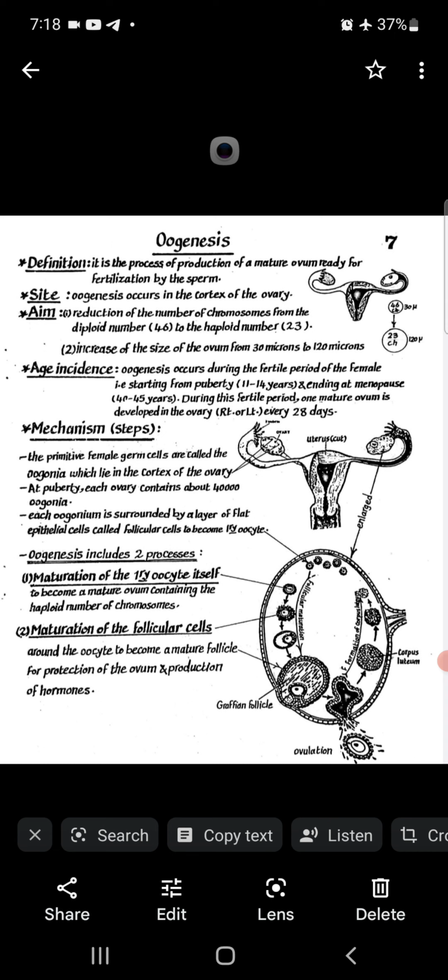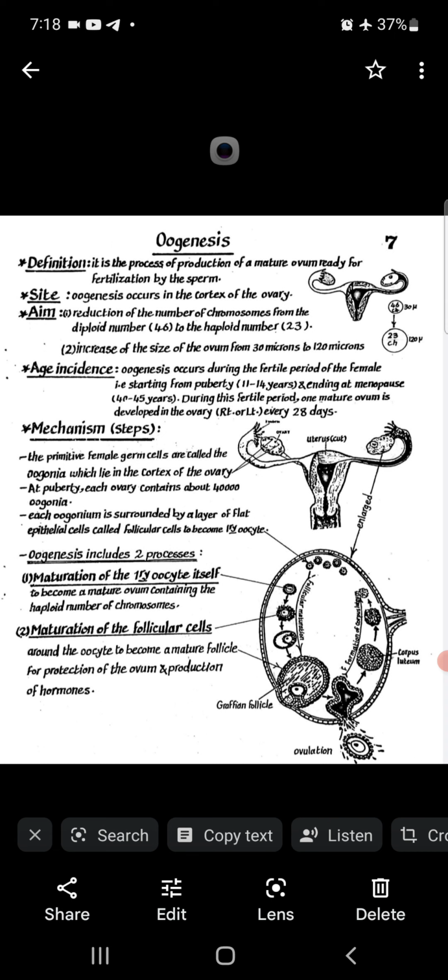Second aim is to increase the size of the ovum from 30 microns to 120 microns. These are the two aims because at the end one ovum is produced and three polar bodies are produced which have less cytoplasm, and these three polar bodies disappear and one large size ovum remains.